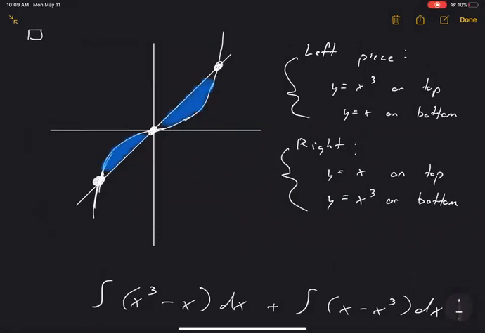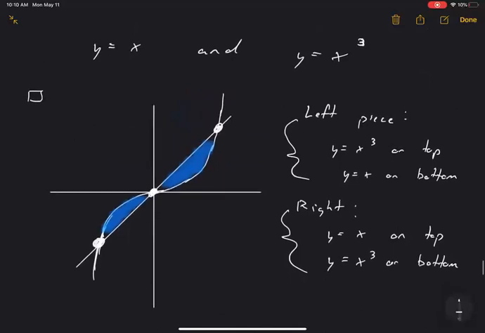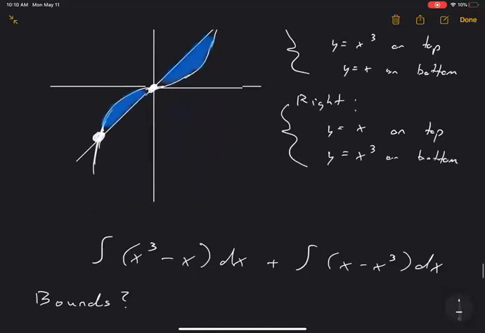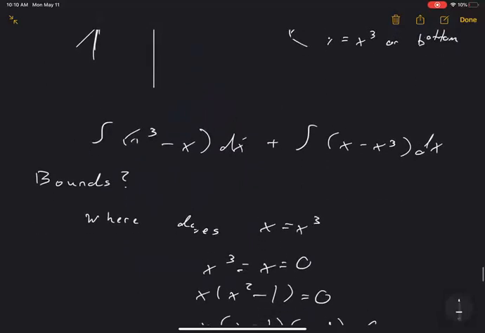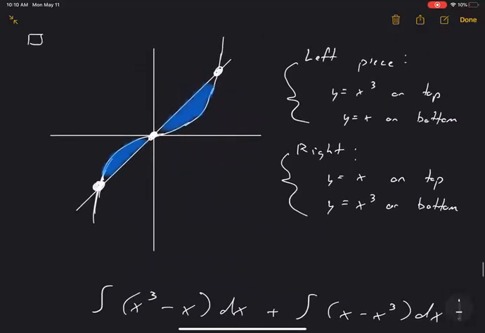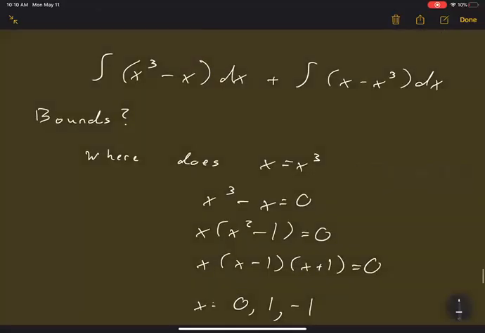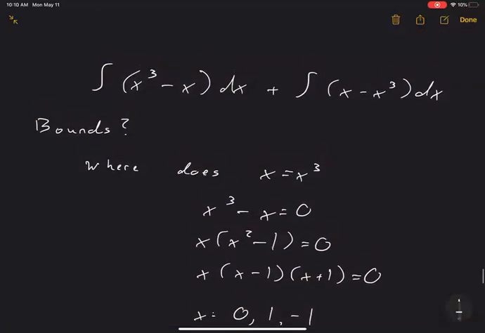Well, this middle point is clear, it's 0. But maybe our graph, this is a fairly simple example, maybe that point would be slightly harder to find. So what are these 3 points of my integrals? To find those, I need to find all the points where my curves x and x cubed intersect.